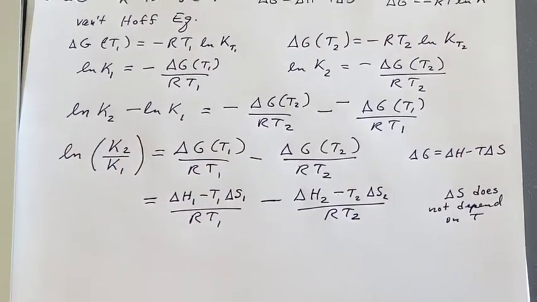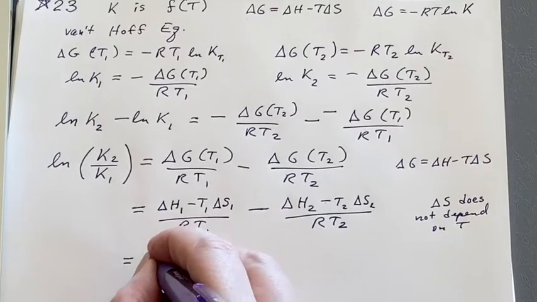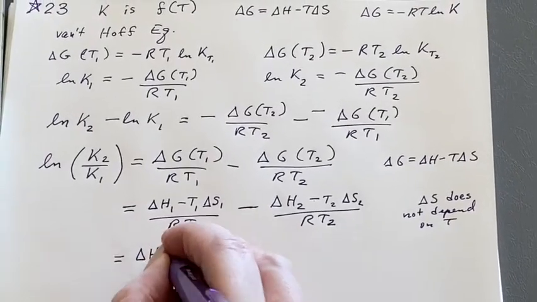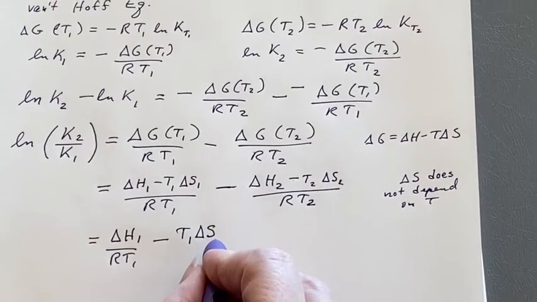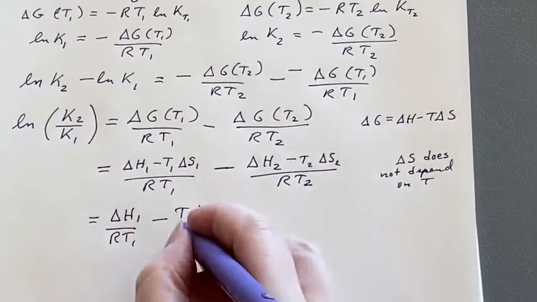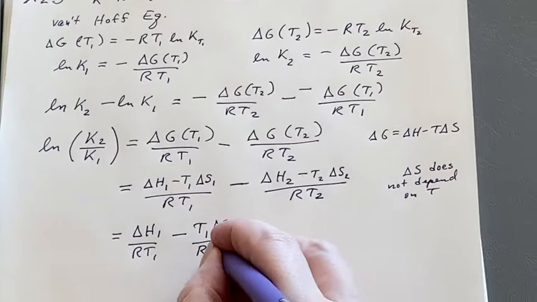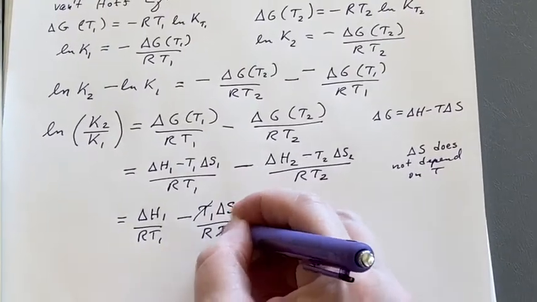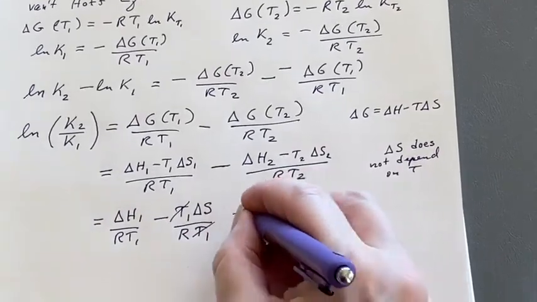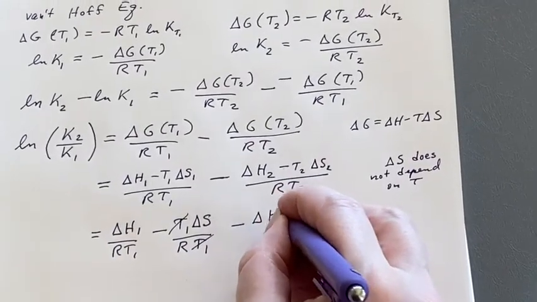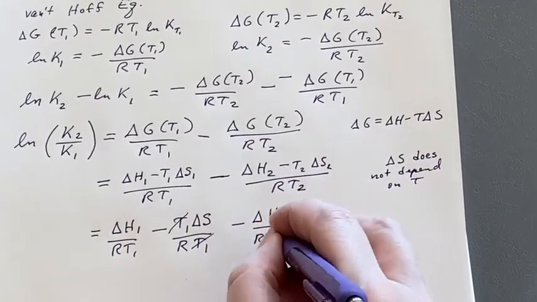Once we say that, when I break these up, I'm going to be able to do something more interesting. And I'm not going to put a 1 on it anymore, because I'm going to say delta S is invariant to that, RT1. Let me just cancel those T1s out then. This is just minus delta S over R. And then I will have minus delta H2 over RT2.